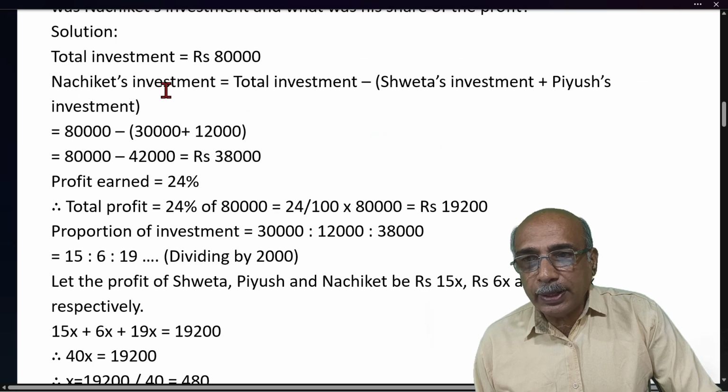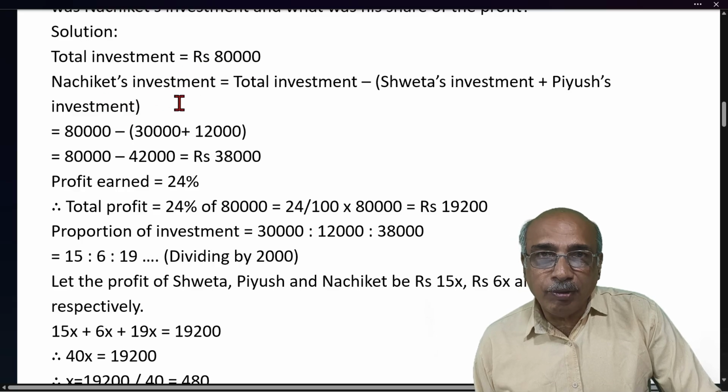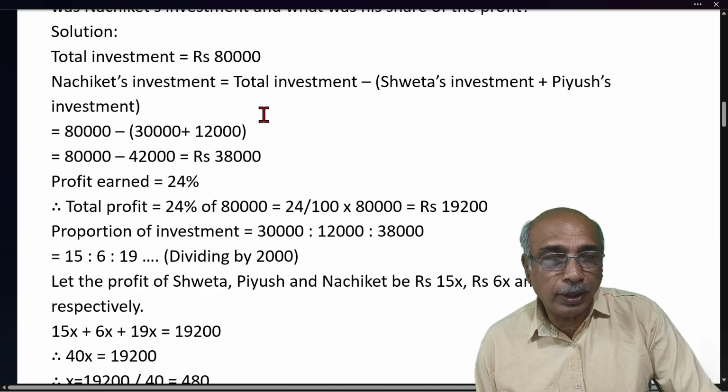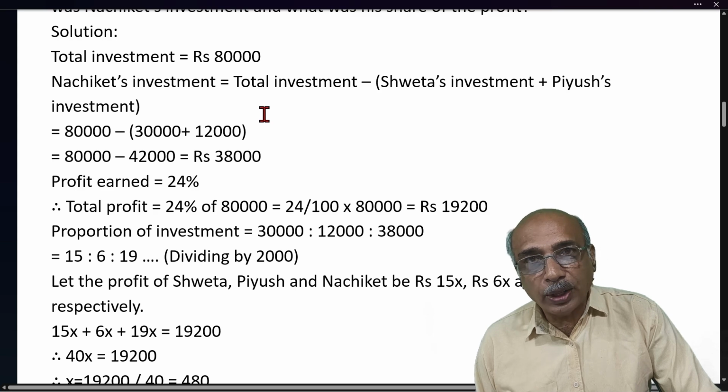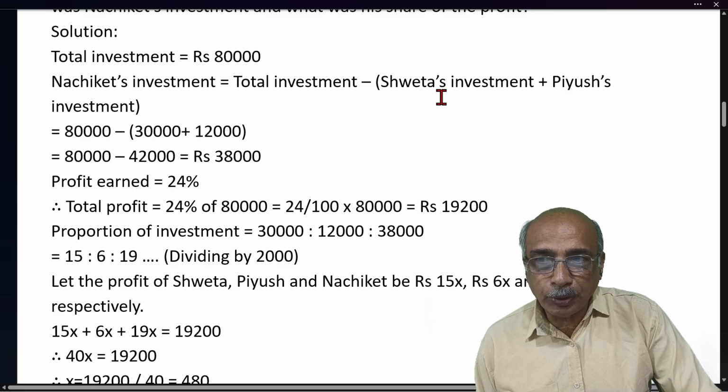Solution, please see. Total investment is 80,000 rupees. Nachiket's investment equals total investment minus Shweta's investment and Piyush's investment. As you know, Shweta's and Piyush's investments are given, Nachiket's is not given, and the total is given. So the investments of Shweta and Piyush will be subtracted from the total.